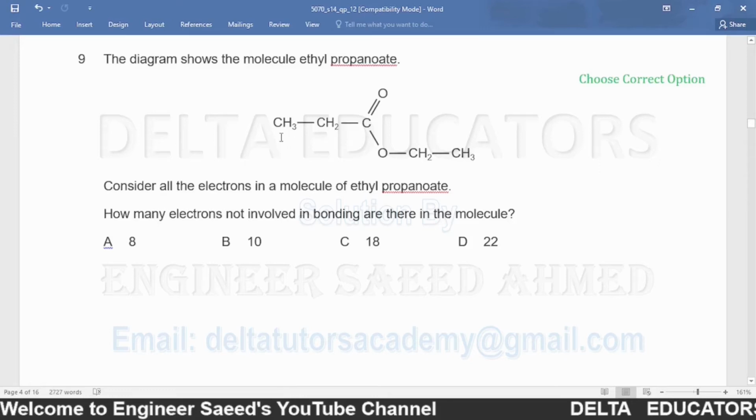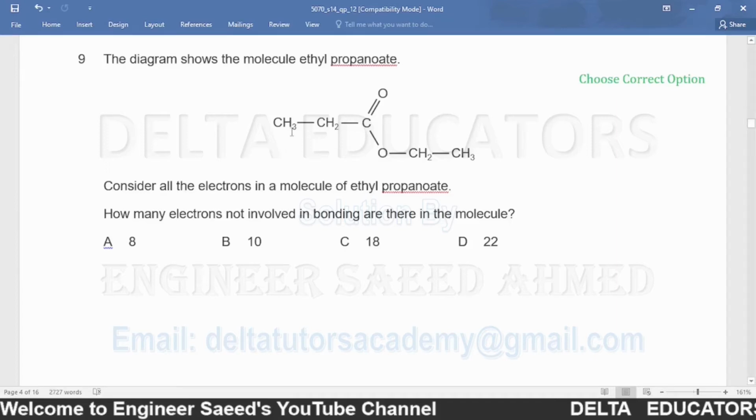Now in a hydrogen we have only one electron, and that electron has taken part in the bonding. Now we check oxygen. In oxygen we have a total of 8 electrons. Out of 8 electrons, only 2 have taken part in the bonding. So for one oxygen, 6 electrons have not taken part in bond formation. Here we have a total of 2 oxygen atoms, so the total number of electrons not taking part in bond formation will be 2 multiplied by 6, which is 12.